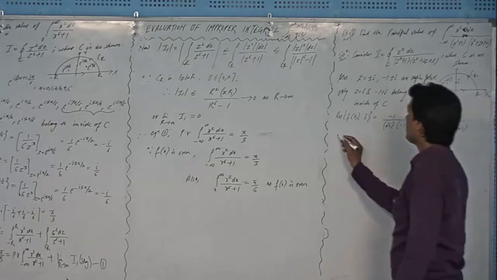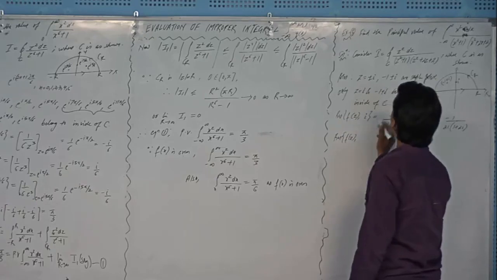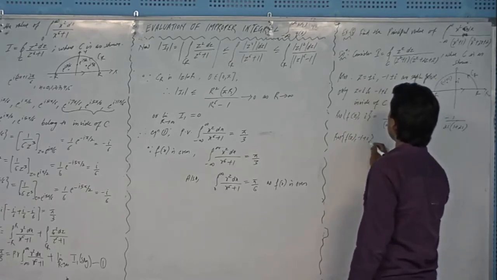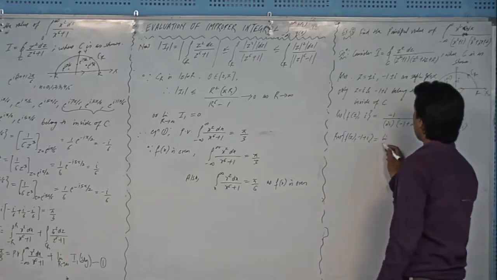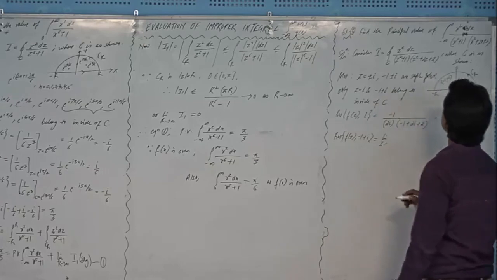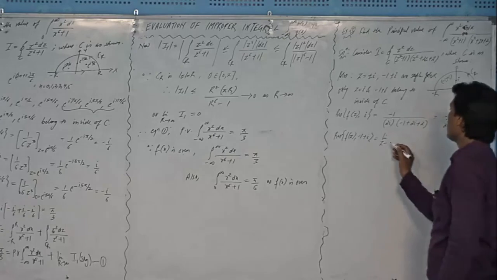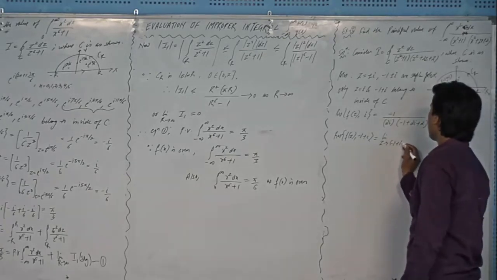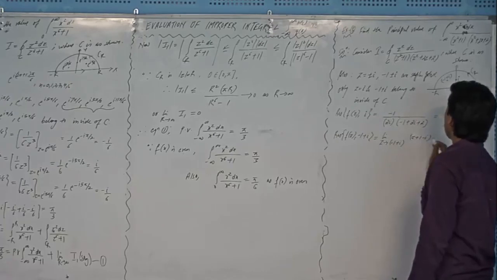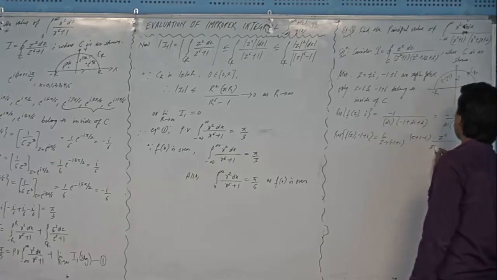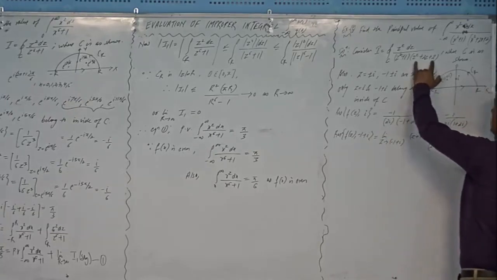Okay, and residue at the other pole, minus 1 plus iota. I have to write the limit z tends to, should I differentiate it? Okay, I will factorize it rather. Limit z tends to minus 1 plus iota of (z plus 1 minus iota) multiplied by z square over (z square plus 1), and I will factorize this because it is containing this factor.